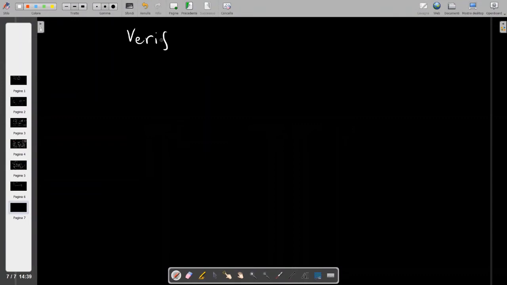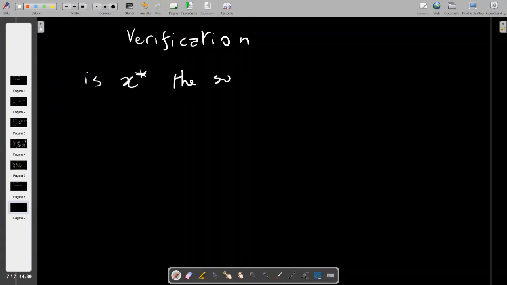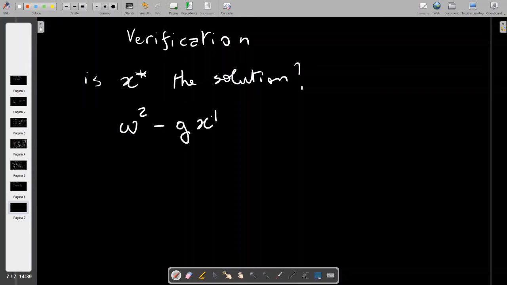Verification. Is x star the solution? This is the question. We need to compute omega squared minus G x star hyperbolic tangent of x star times h, and we need to understand which is the value.